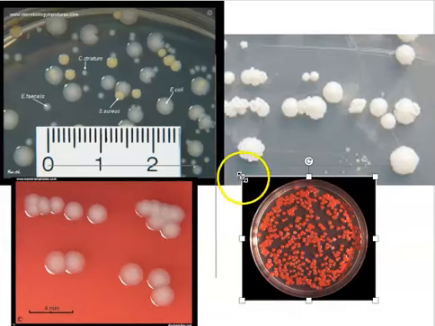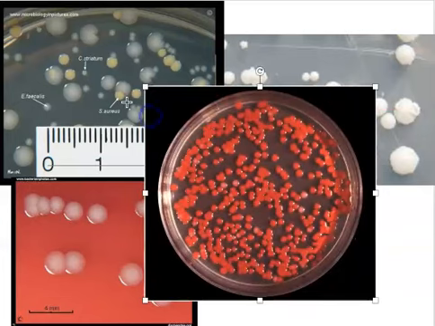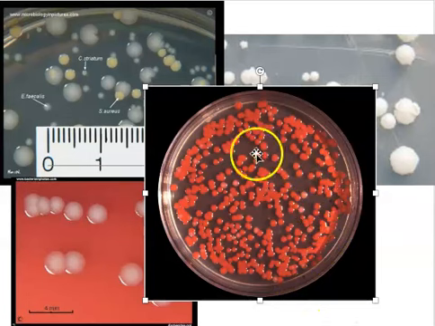Down here, this last image I wanted to show you because of its remarkable color. This is an organism called Serratia marcescens. This is a pathogen in humans, and when you grow it in the laboratory, you get this remarkable red color. The colony morphology of Serratia marcescens is otherwise pretty unremarkable.